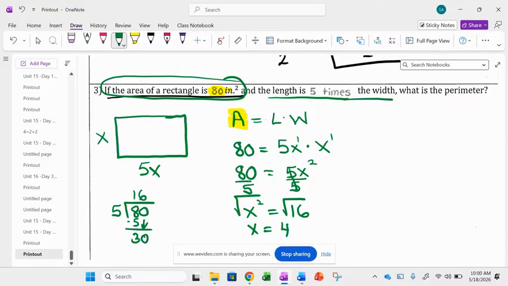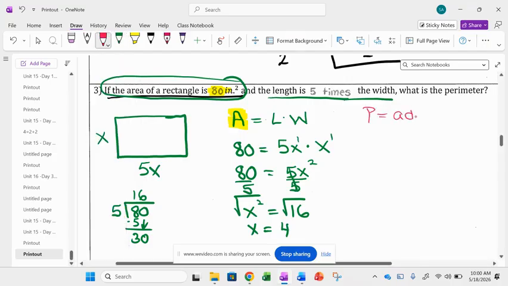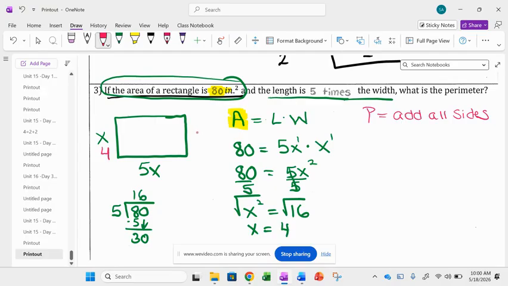Okay, so now it's saying, what is the perimeter? Well, for perimeter, what do we have to do? Don't we have to add all the sides? All right, well, I know that x is 4, so the left side is 4, which means the right side is 4. What's the length? If x is 4, the length is 5x.